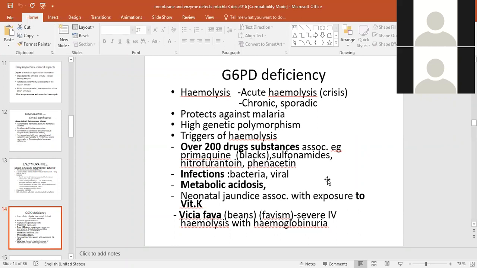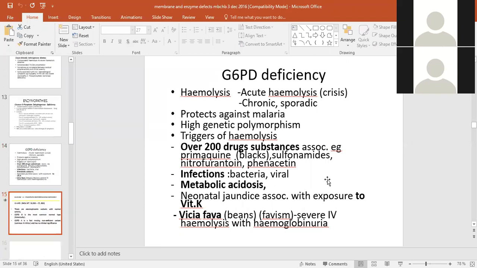These are beans, and so favism is a key issue with severe hemolysis and hemoglobinuria. So there are products or food substances that have been associated with a hemolytic picture in G6PD deficiency.